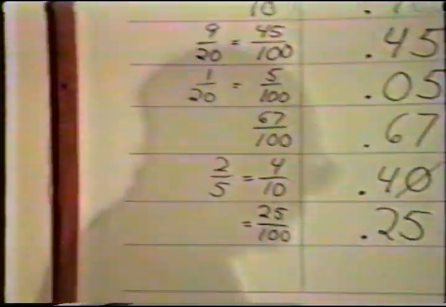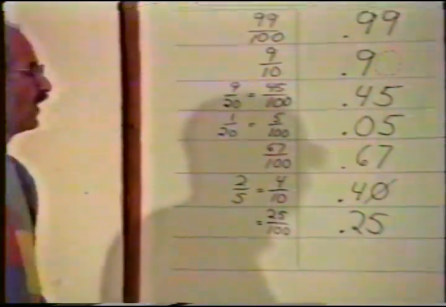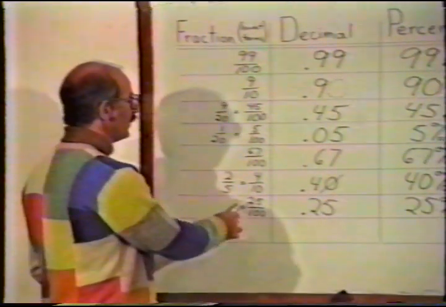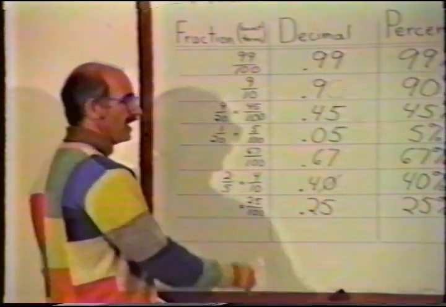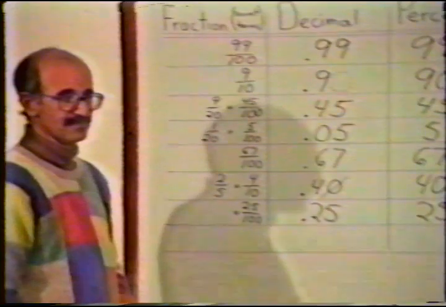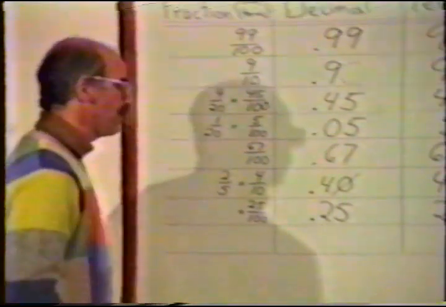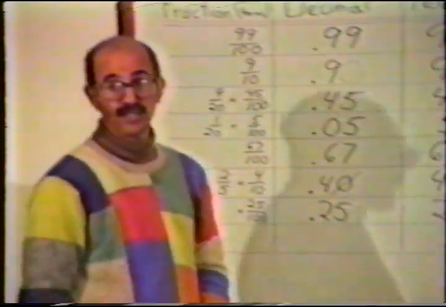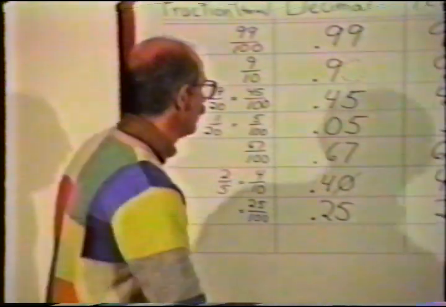Can it be reduced? Yes. With what number can we hit both top and bottom? 25. Yes, the best and largest number that we can hit both top and bottom with is 25.